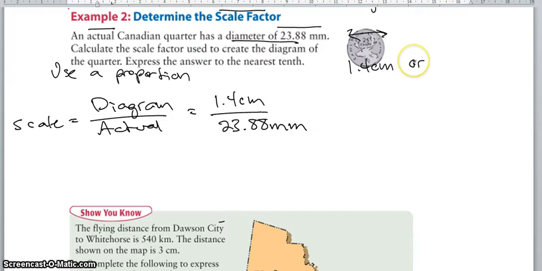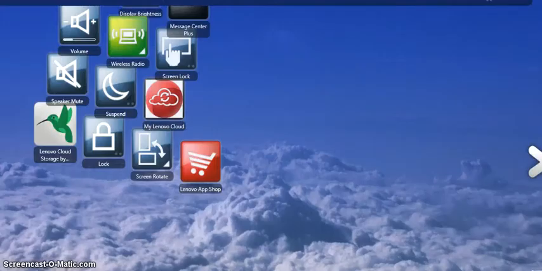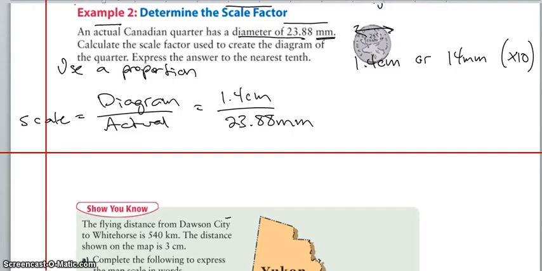And you know what? Let's change our units there as well, so we're working in millimeters the whole time. So we just multiply by 10 to get to millimeters. Sorry about that, guys.